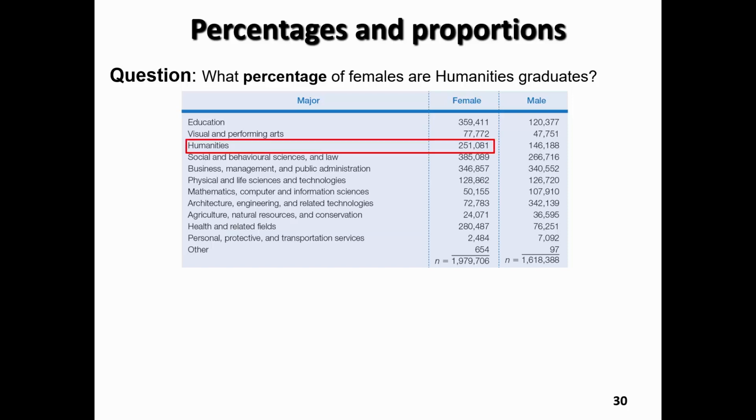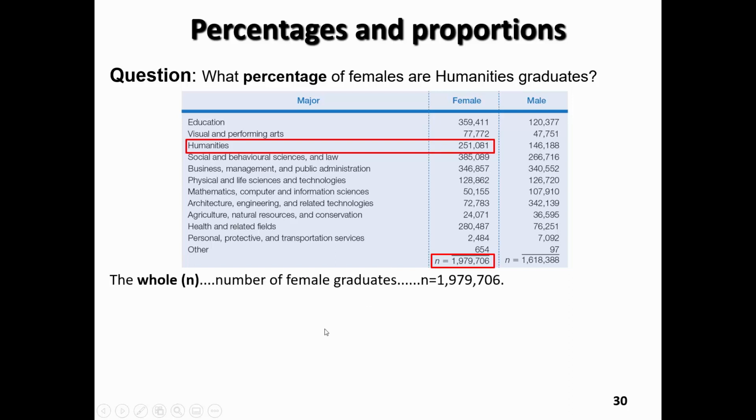And so we first locate the major in question here, and those are humanities graduates, and we find that the total number of female graduates under the humanities major is 251,081. And we also make note of the total sample size of all female university graduates.